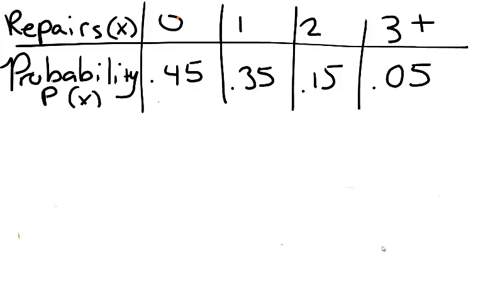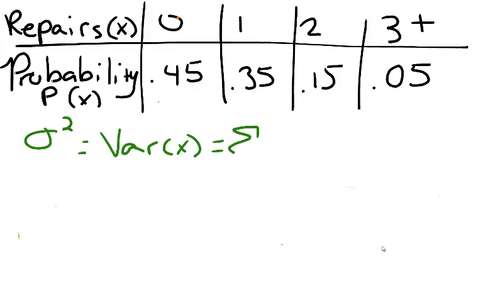Now suppose we're asked to find the variance for the information in this table. The variance is given by the formula sigma squared is equal to the variance of x, which equals the sum of x minus the mean squared times P of x.